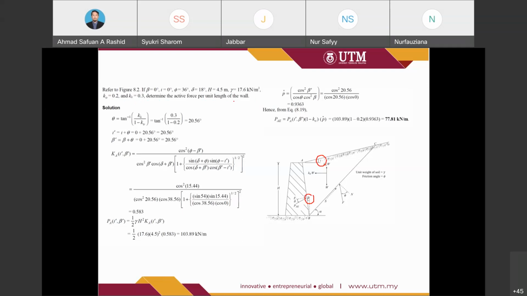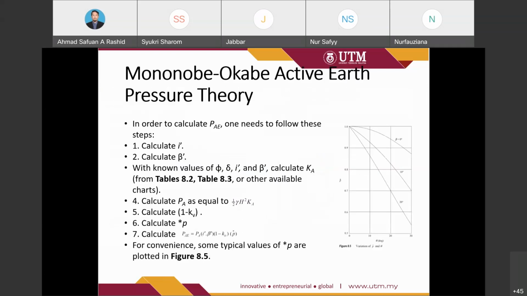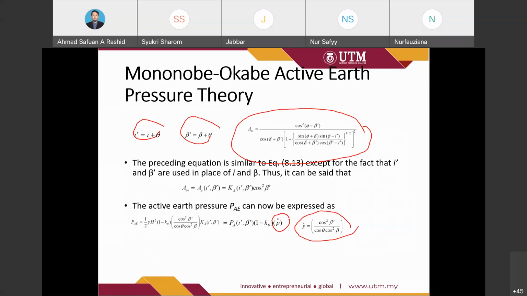So the first procedure, which is based on the PAE, is this procedure. We need to calculate the I prime and also the beta prime. For the equation of the I prime and beta prime, we need to refer to I plus theta and beta plus theta.